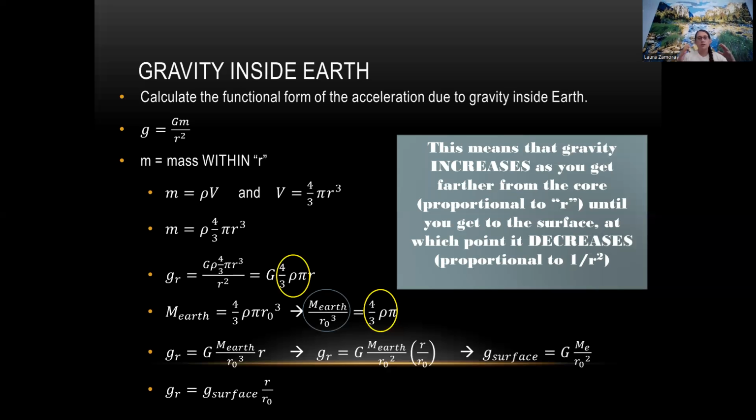Right, so when we're at the surface and moving away from the surface of the Earth, like going out into space, the mass of the Earth is not changing. We're still considering all of the mass of the Earth in our equation.